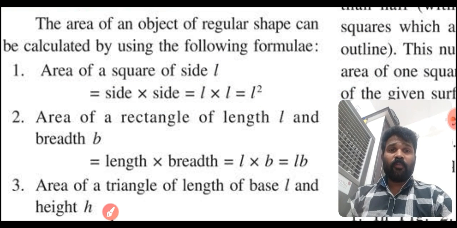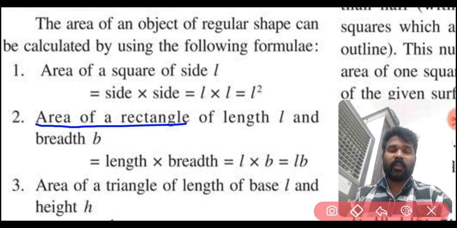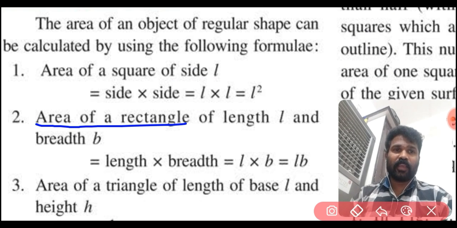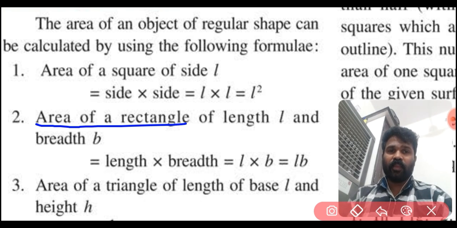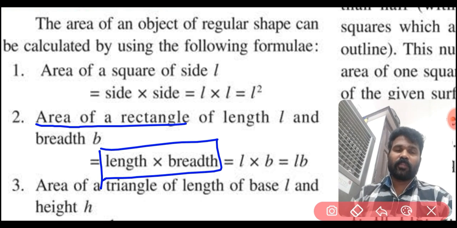Now area of a rectangle of length L and breadth B, that is length into breadth, L into B, that is LB.